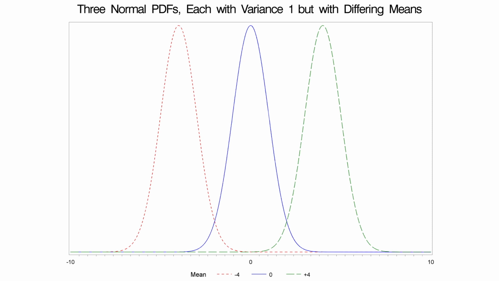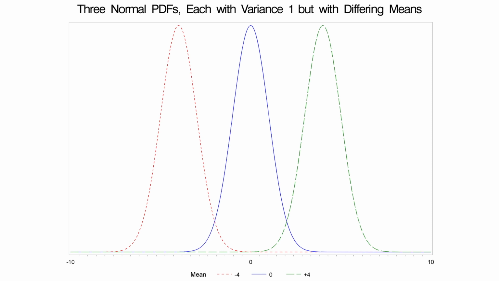The red curve is the PDF for the normal distribution with a mean of -4, and again, a variance of 1. And then finally, the green curve is the PDF of the normal distribution with a mean of +4 and a variance of 1.